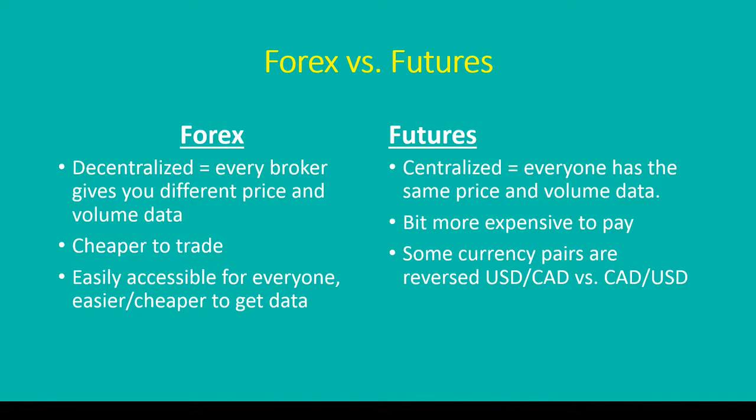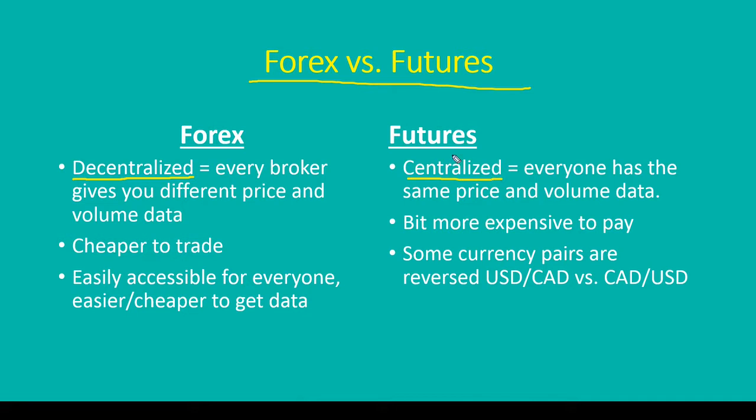So the last thing I want to talk about in this video is Forex versus futures, because there's quite a difference between them. The most significant difference is that Forex is a decentralized market, whereas futures is a centralized market.